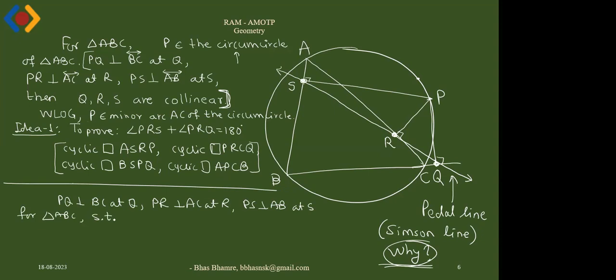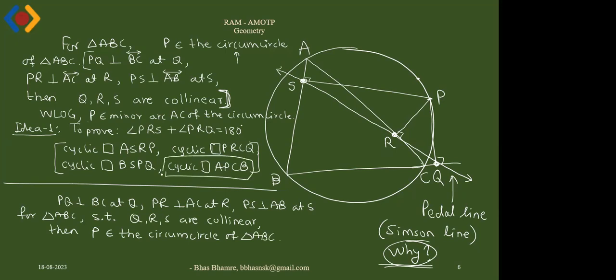such that Q, R, S are collinear. Then we say that P belongs to the circumcircle of triangle ABC. So we just need to show this quadrilateral APCB is cyclic, then we are done.